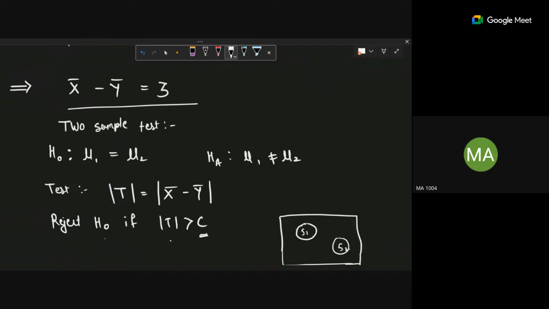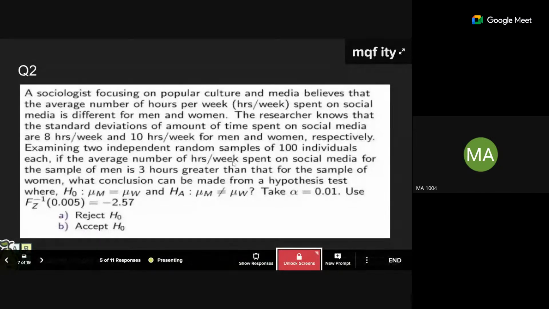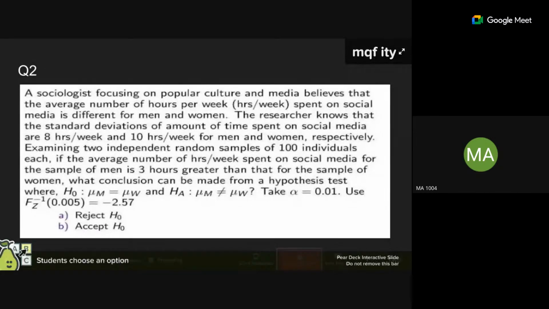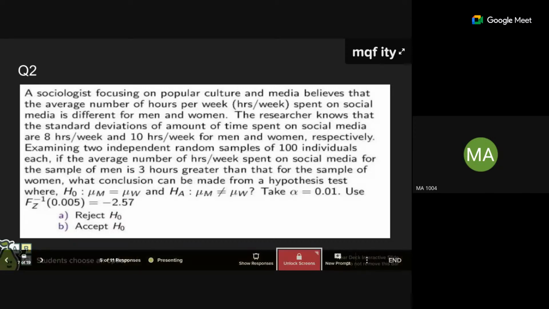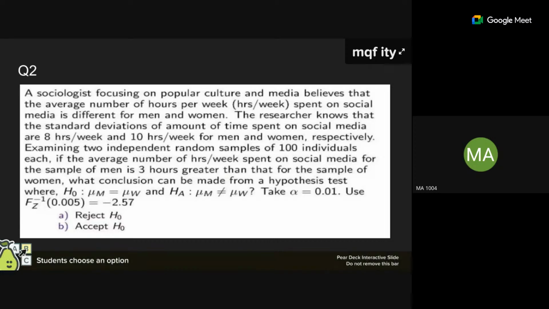It was given that we were looking at the time spent by men and women on social media, right? To check whether the time spent by them is equal or not, researchers performed some test. They considered 100 men and 100 women, calculated the average number of hours per week for men and similarly for women, and subtracted to get the difference.